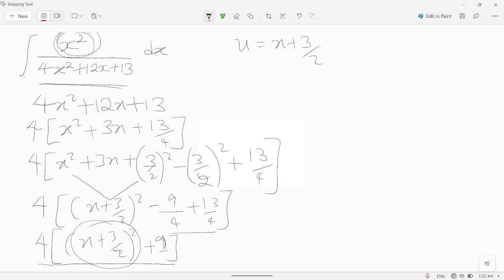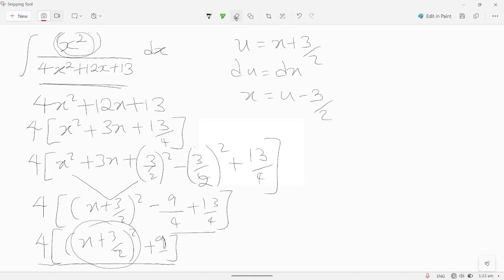From this, we know that du by dx, when you differentiate x, it will just be 1. So du is equal to dx. Since u is equal to x plus 3 over 2, that means x is equal to u minus 3 over 2. So from this, we can now replace into the original integral.